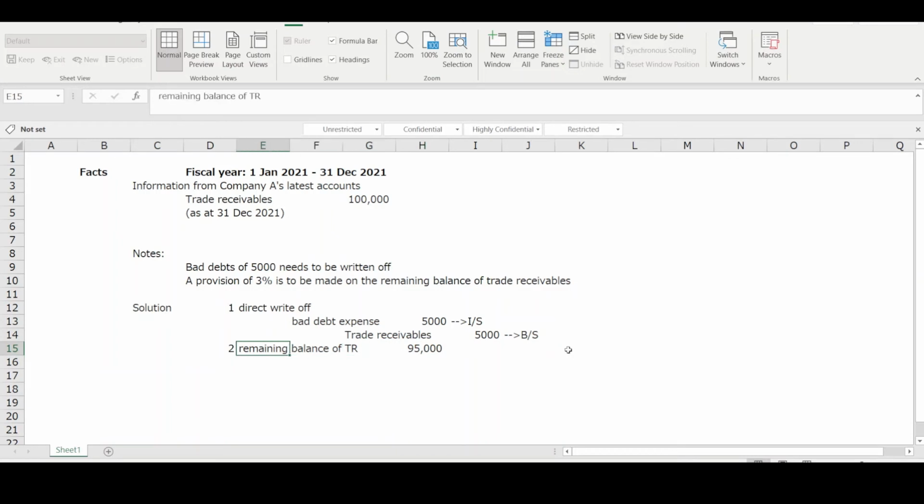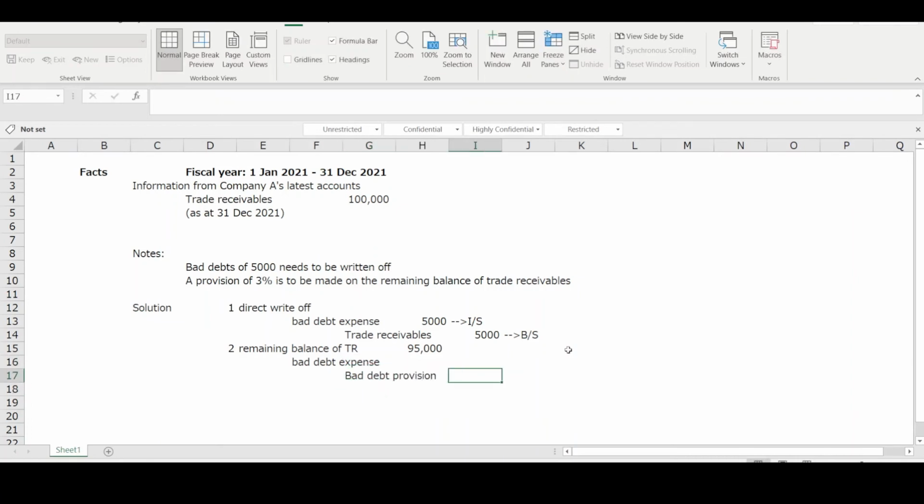And then it told us a provision of 3% is to be made on the remaining balance of trade receivables, which means 3% of this 95,000, you need to park this amount away as your provision. So the journal entry will be bad debt expenses goes up, and then the credit side is bad debt provision.